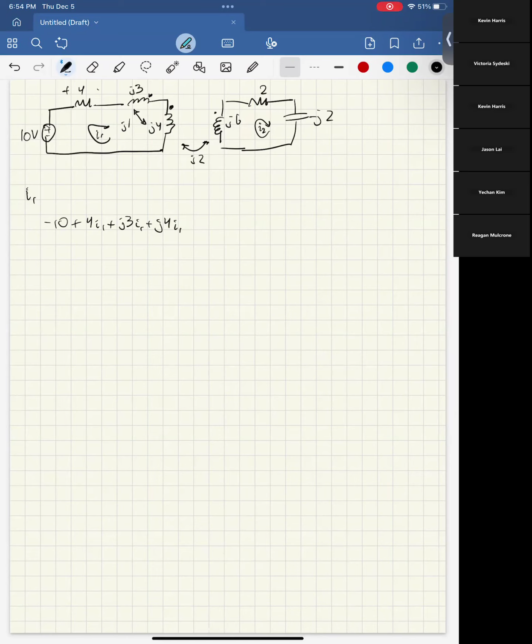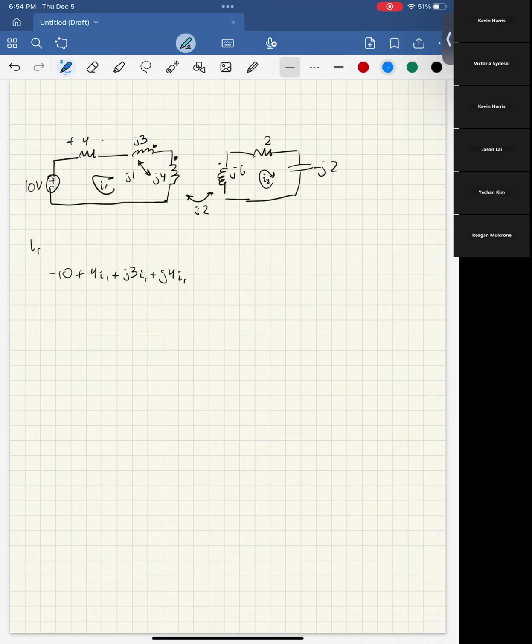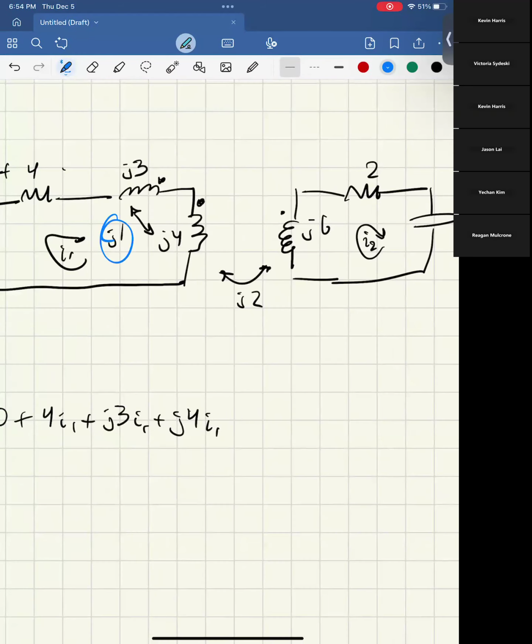Okay, and now we have to do all of the mutual inductance terms. So this j3 is going to have a mutual inductance from the j4. Let me move this all down so I can draw my little plus and minuses. So here, I1 travels downwards through j4, going in the dotted side, which means it's going to cause a positive here and a negative here.